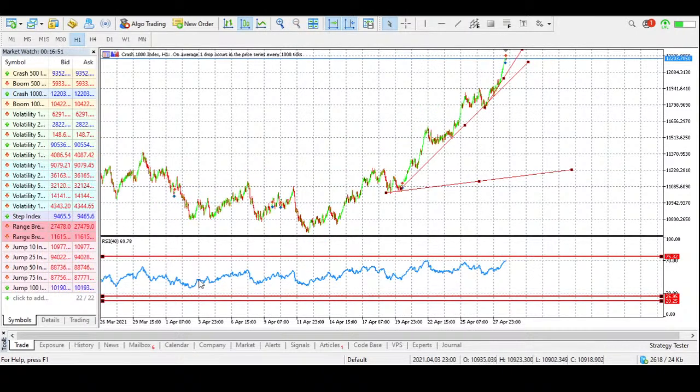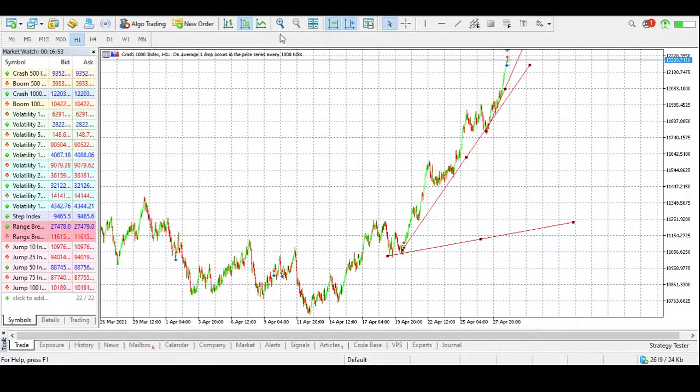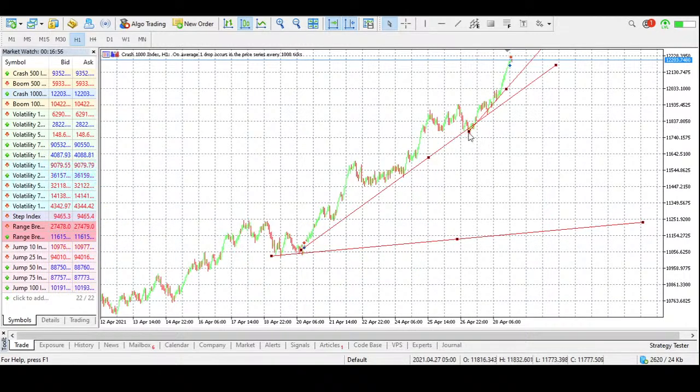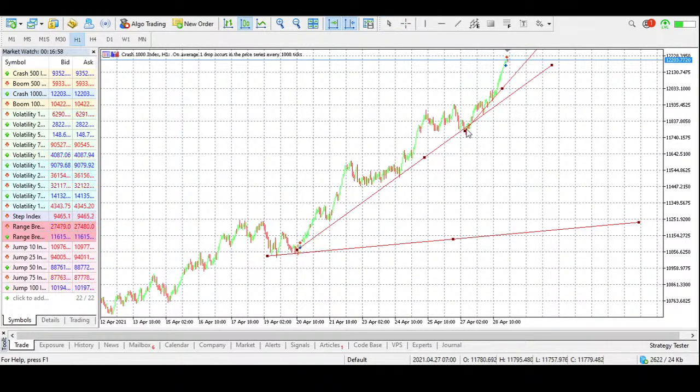Let me delete my indicator window. This is what we did. Support 1, support 2, support 3. So this was S1, S2, and S3.